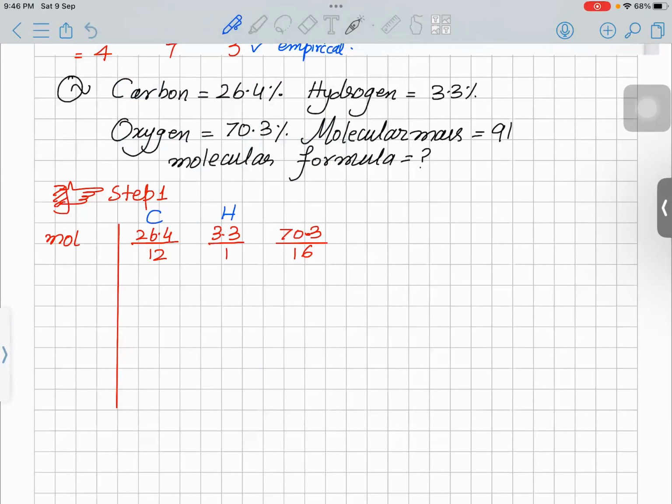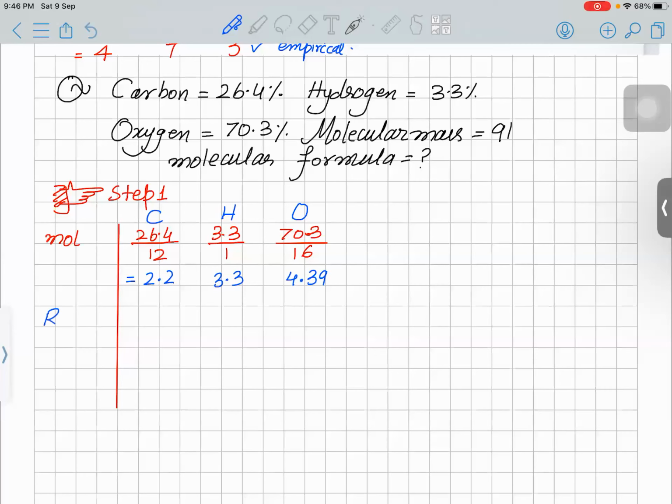Carbon, hydrogen, and oxygen. Yes, tell me the answer. Sir, 26.4 divided by 12 is 2.2. Now 70.3 divided by 16 is 4.39.